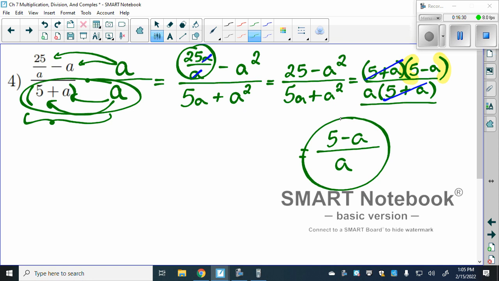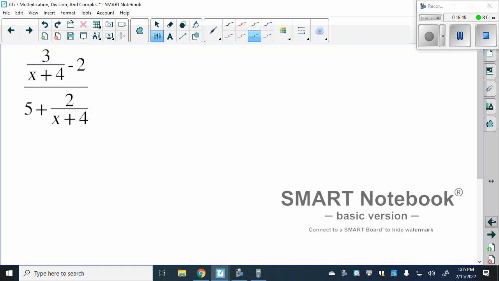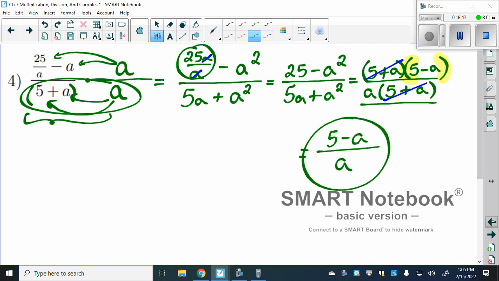And we get this here. Any questions over any of this here so far? So hopefully this is starting to make a little more sense with what we're doing and how this is working.